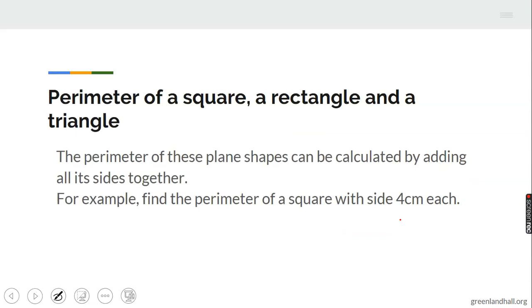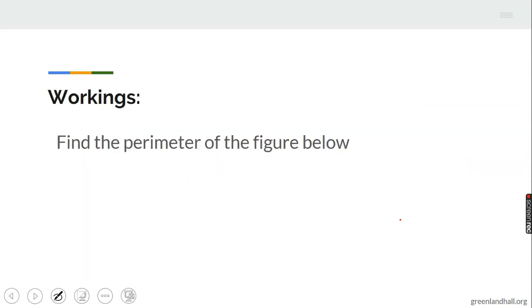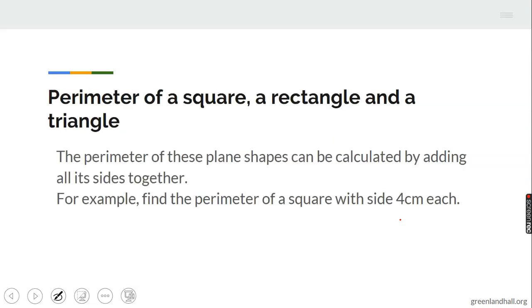Now let's look at a square. Okay, let's start with a square. Find the perimeter of a square with side 4 centimeters each. The first thing you do is you draw your square. This is your square. Then you label it 4 centimeters, all sides 4 centimeters.